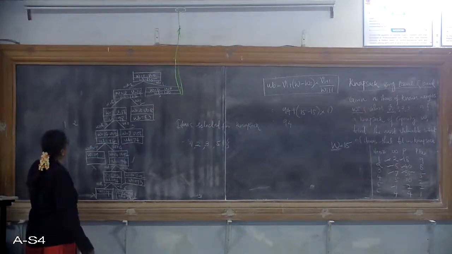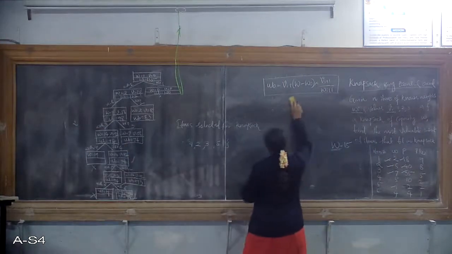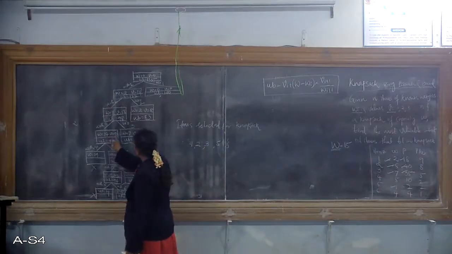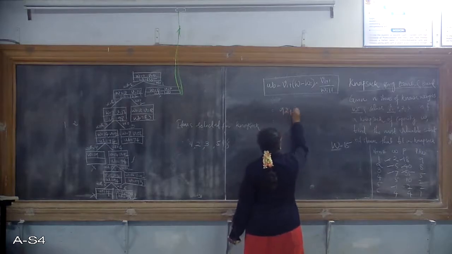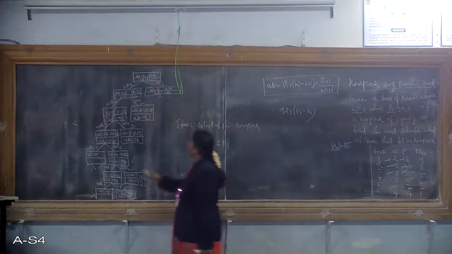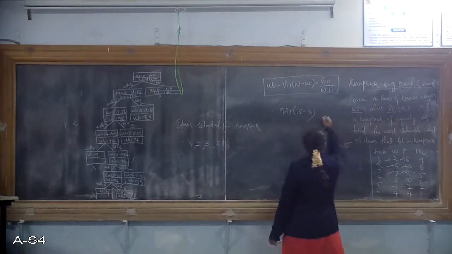Check whether this is 94 or not. So now for this we'll check 14 and 92. So 92 plus 15 minus 14. For item 3 we are writing, so item 4's ratio I need to consider, which is 2.